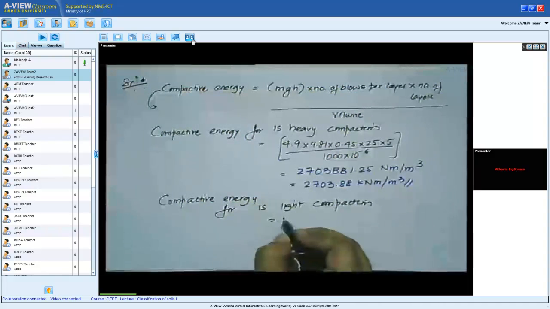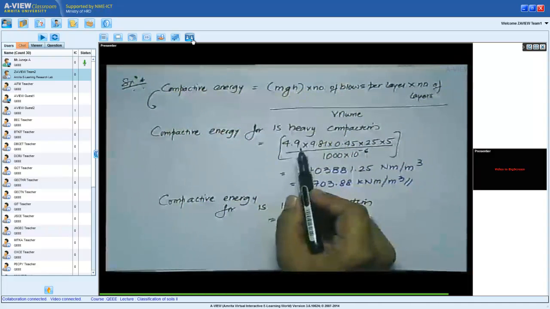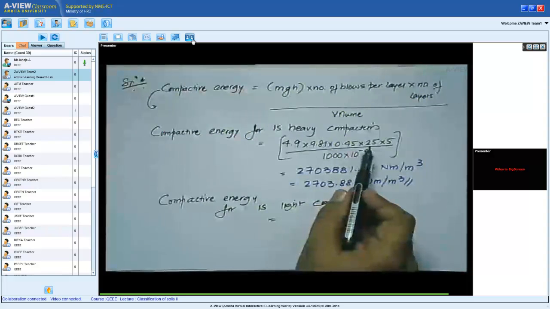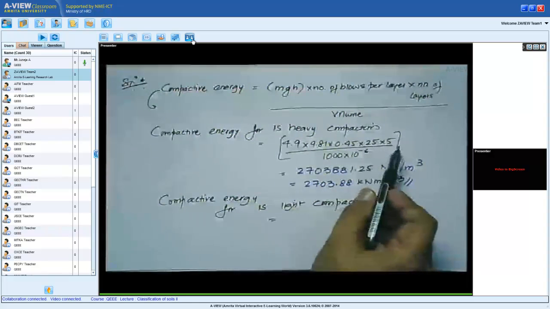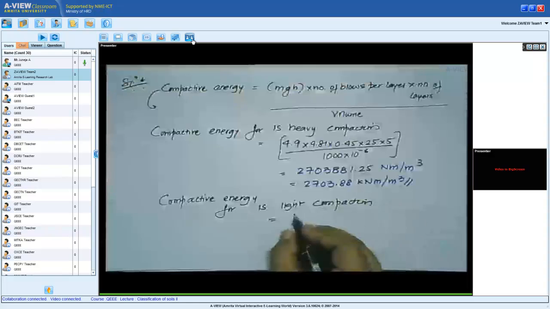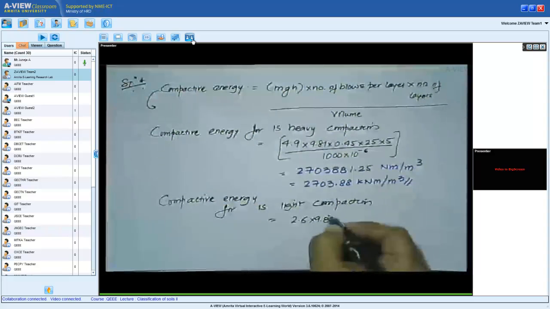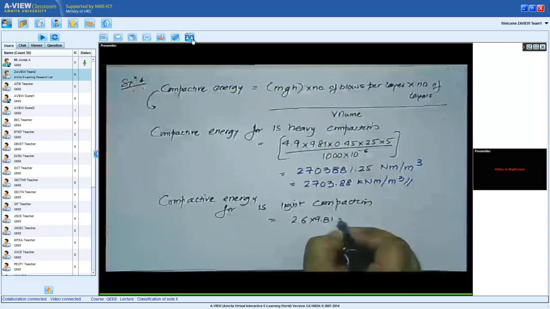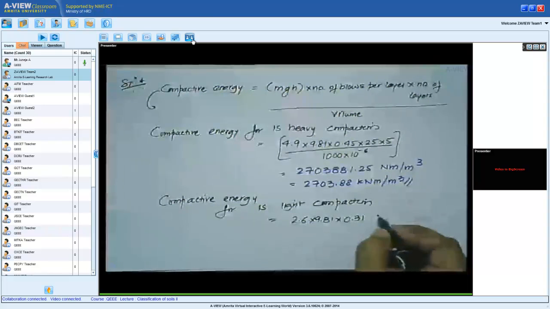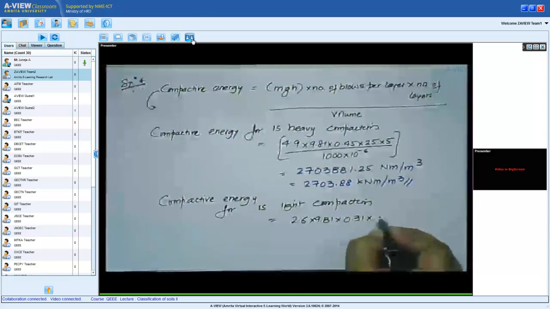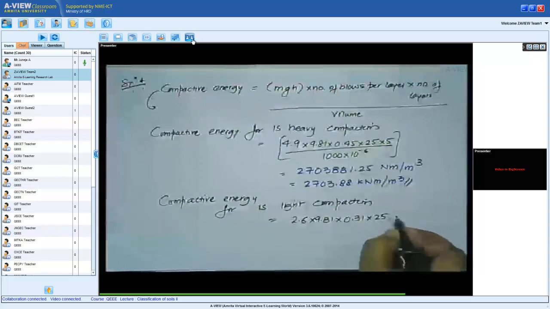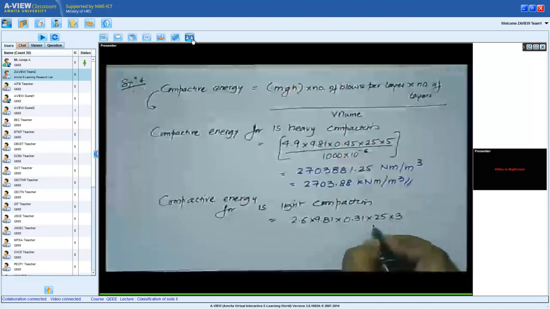If you follow the same analogy, mgh times the number of blows per layer times the number of layers, I have the mass of the rammer as 2.6 kilograms times 9.81, the acceleration due to gravity, times the height of fall, which is 31 centimeters or 0.31 meters, times 25 blows per layer, but in this case you have 3 layers.